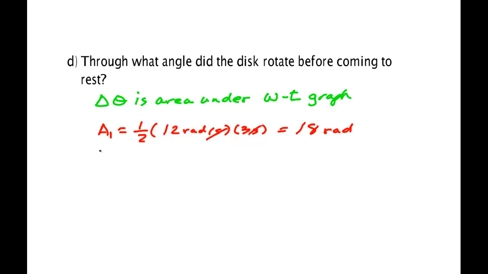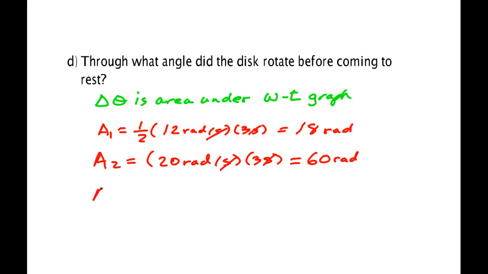A2 was 20 rads per sec times 3 seconds. And that was 60 radians. A3, it's traveling at 32 rads per sec, and it does that for 4 seconds. So that'd be 128.